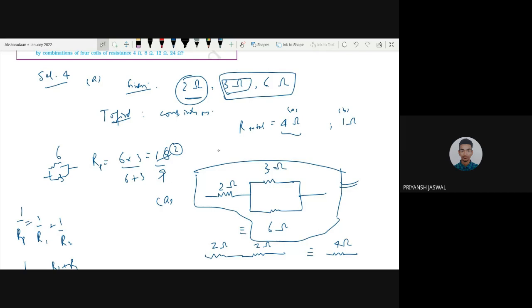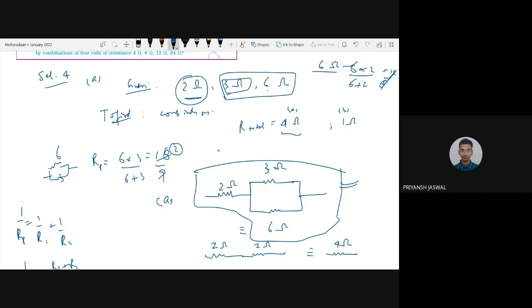But that would not be the case, because 6 into 2 upon 6 plus 2 is 12 by 8. This is not 1, clearly. And we cannot put anything in series with 6 because it already surpasses 4. And if we connect all of them in parallel, then the resistance will be less than the least one, that is even less than the 2 ohm.